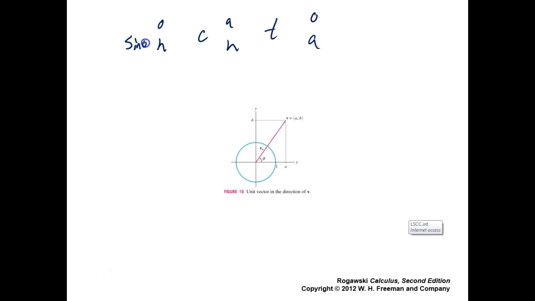The sine of theta is equal to opposite over hypotenuse. Cosine of theta is equal to adjacent over hypotenuse, and tangent of theta is equal to opposite over adjacent. That's the one. So the tangent of this angle theta is equal to the opposite b over the adjacent a.